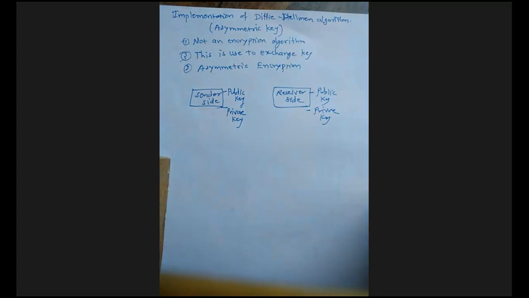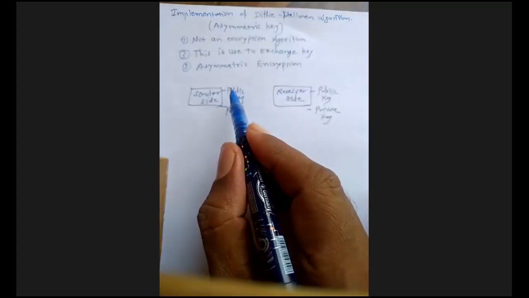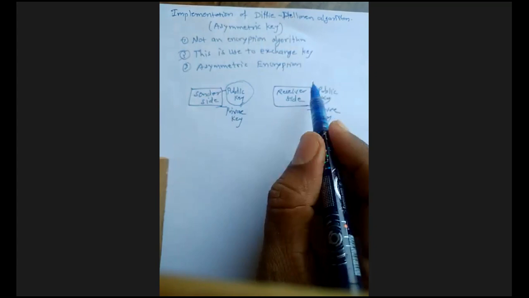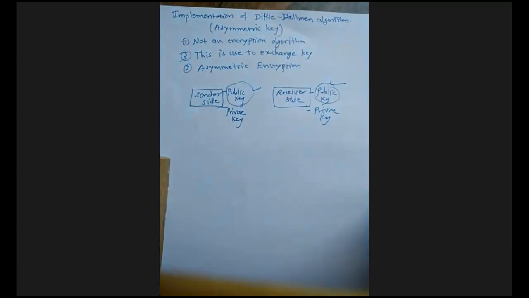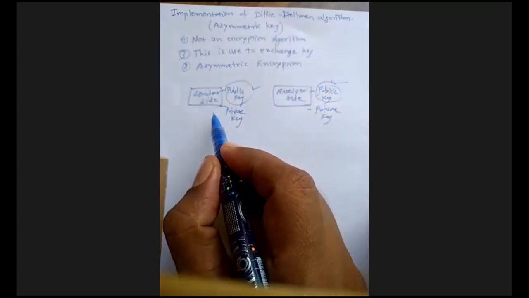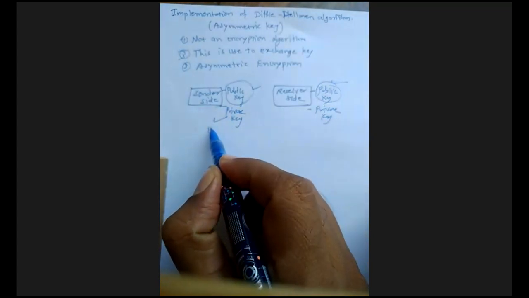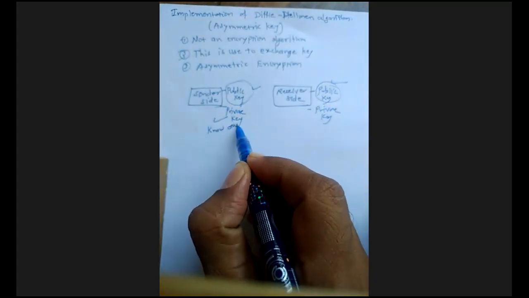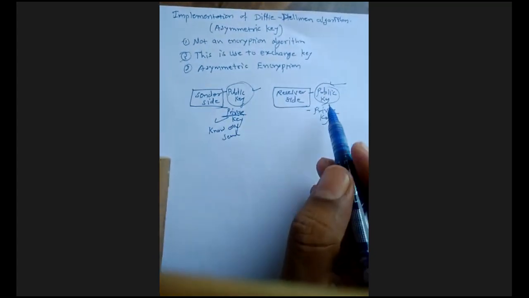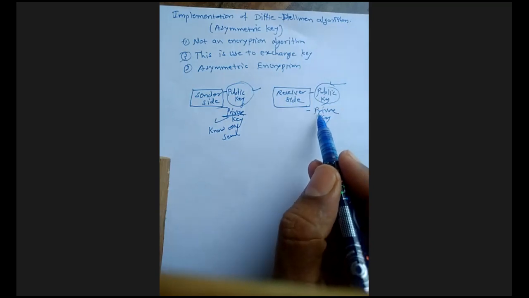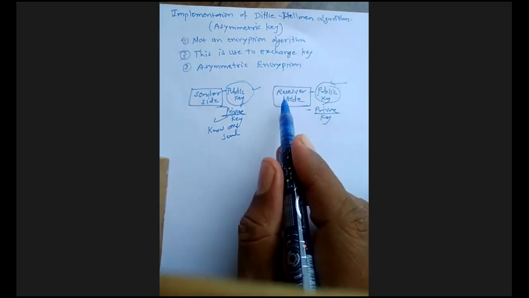So what is the public key? The public key can be known to the sender and the receiver also. Public key for the receiver and the sender are the same. But what about the private key? The private key can be known only to the sender, because this is the private key, as the name indicates. And the receiver also knows their own private key only.